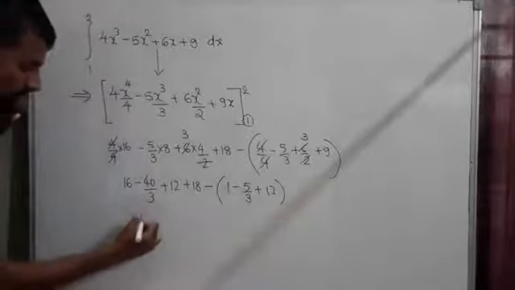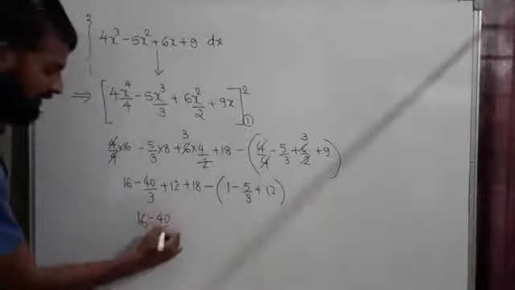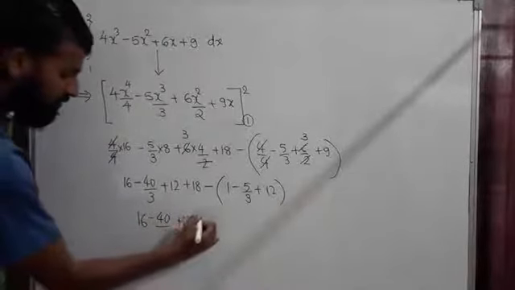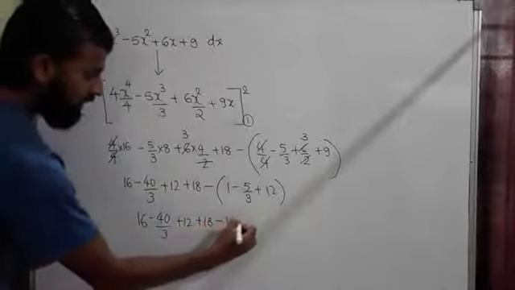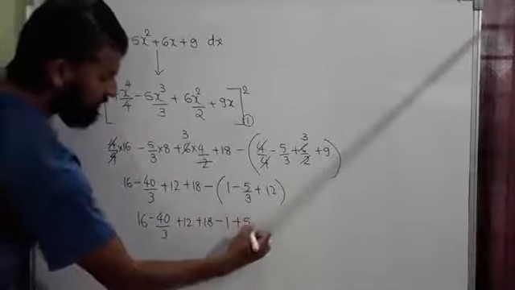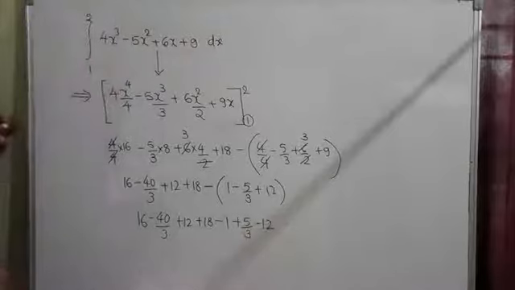So now 16 minus 40/3 plus 12 plus 18 minus 1 plus 5/3 minus 12.